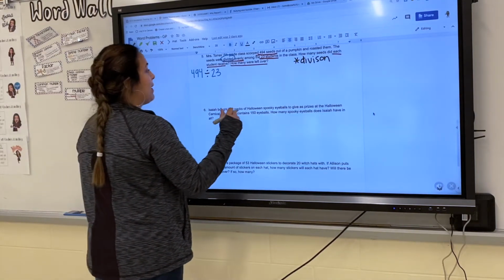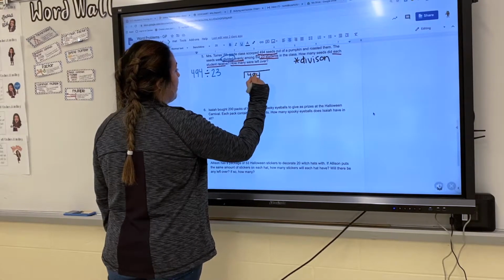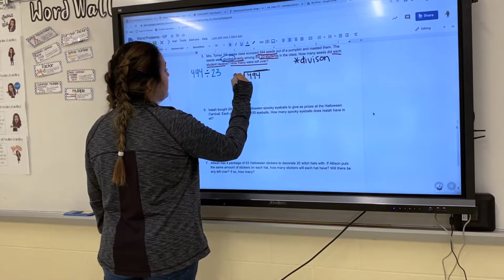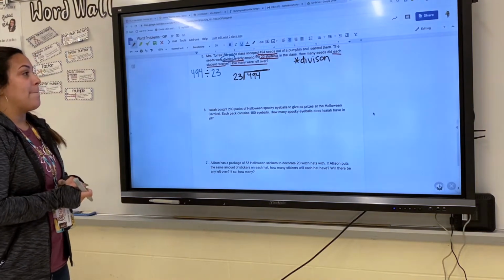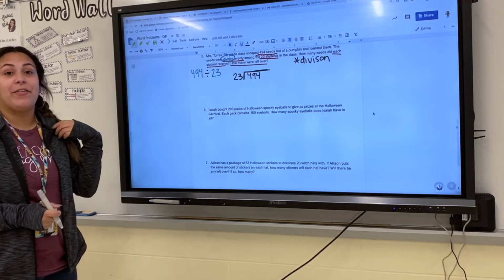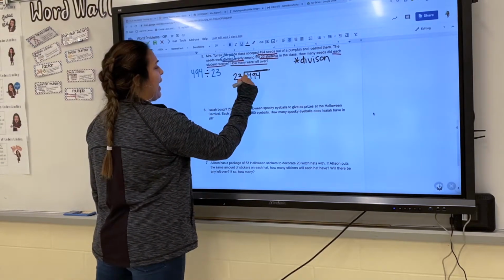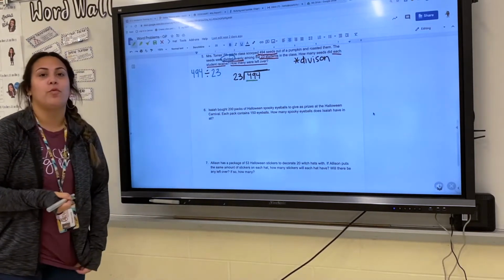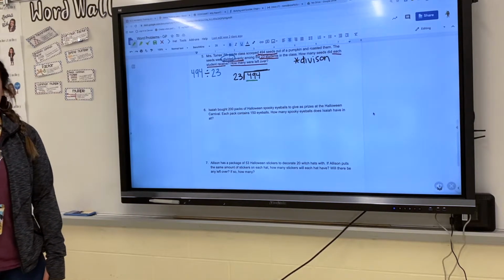So now I'm going to set up my standard algorithm. 494 goes in my dividend because it is my dividend. And 23 is my divisor because that's the number I am dividing by. Now, I need to figure out the answer. 23 can't go into 4, so I'm going to move it over and see how many times 23 can go into 49.